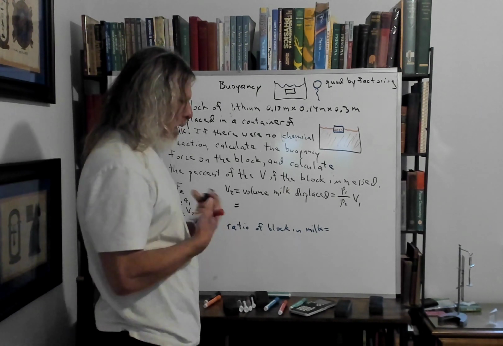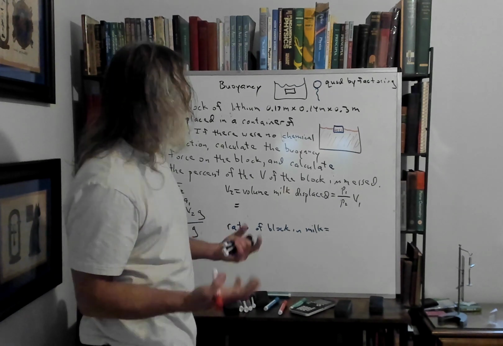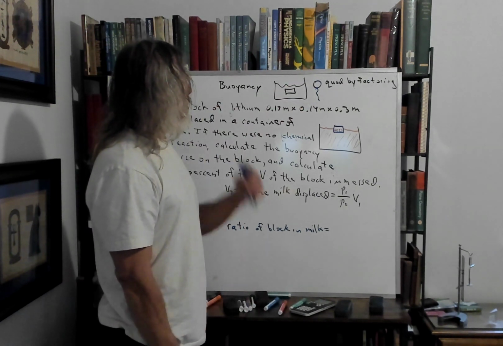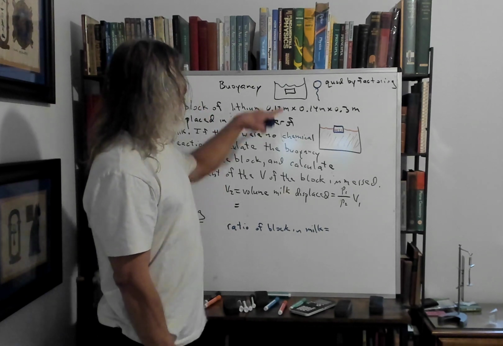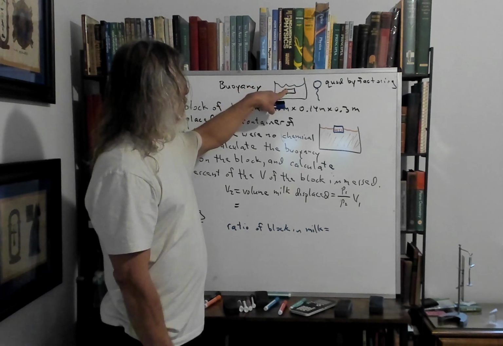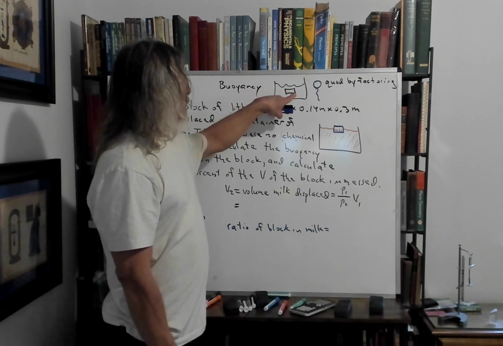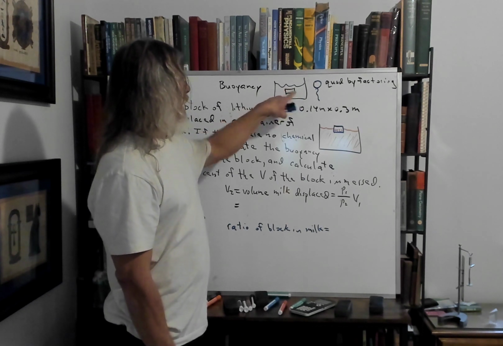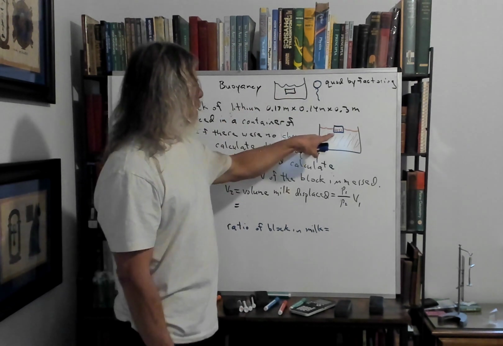What's relevant is how much fluid is displaced. How much air is displaced by that balloon, pushed out of the way. So here, the whole thing is in the water. So the whole volume, the density of water times that volume would be the mass of water displaced.